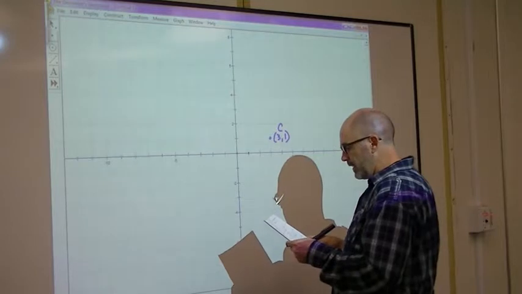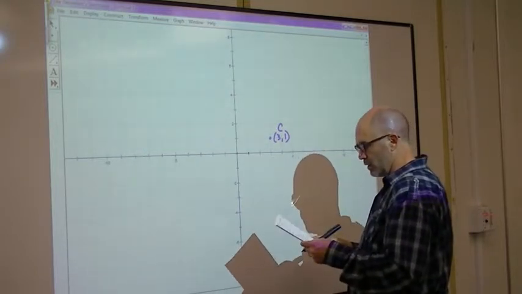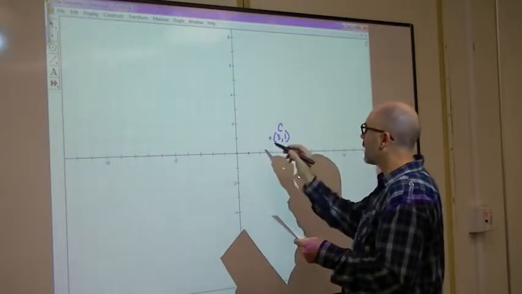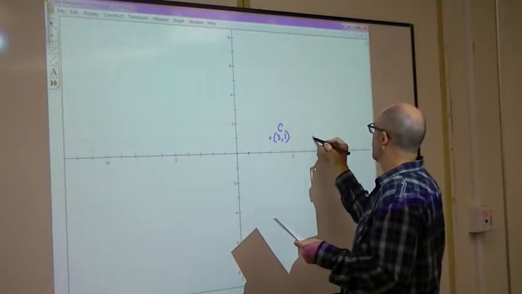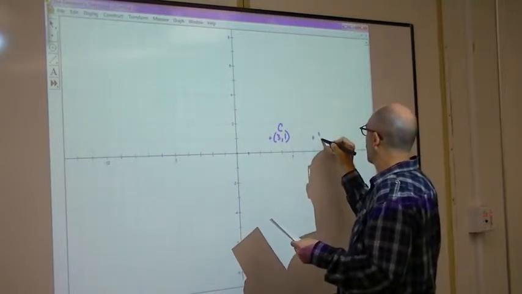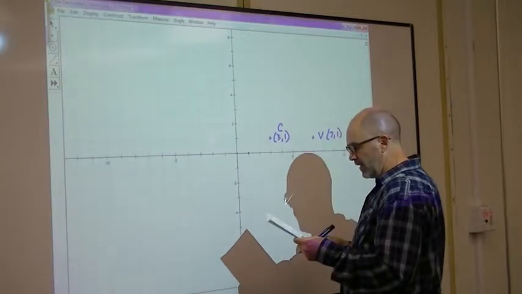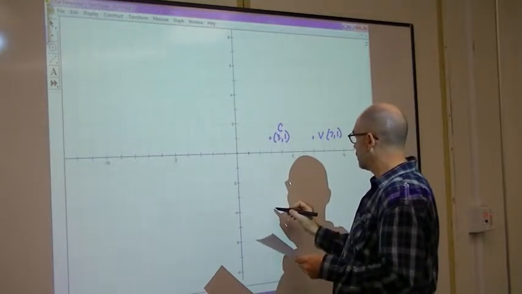And the right vertex is 7, 1. And the bottom vertex is 3, negative 4.